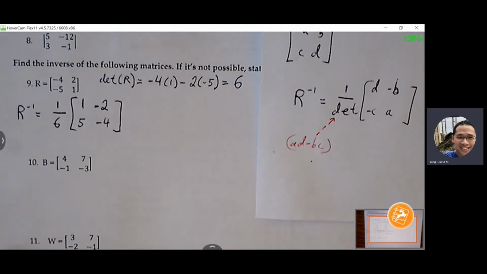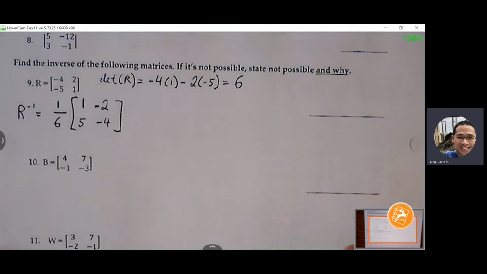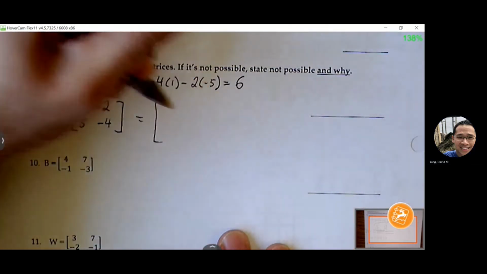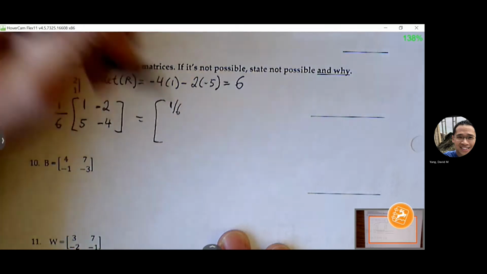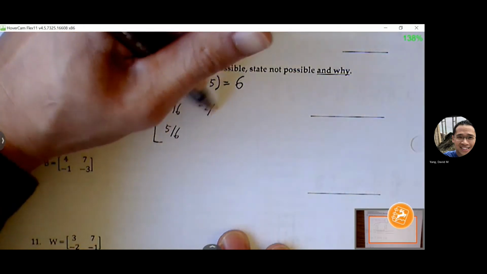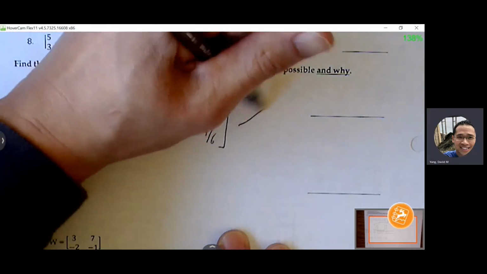And now you're just going to multiply that 1/6 for every one of the 4 elements that you see. Okay, reduce if you can.